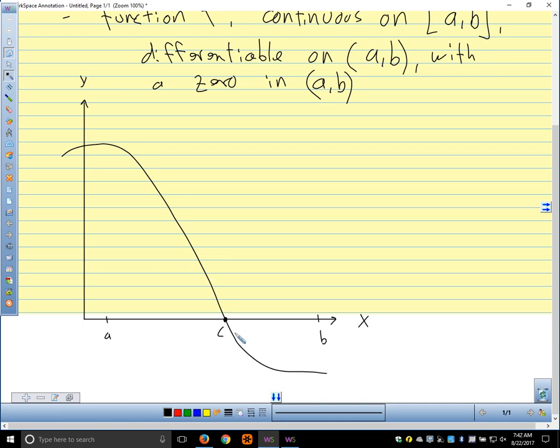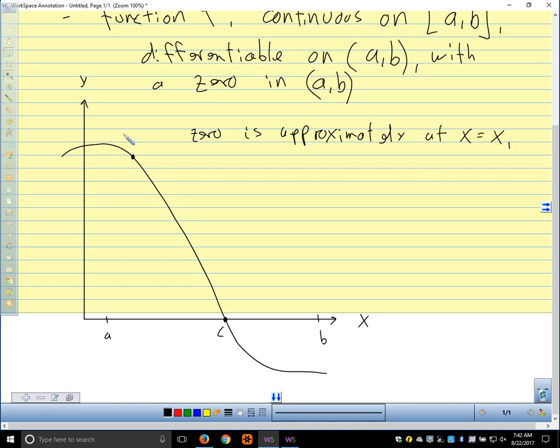Somehow we approximate it, we say the zero is approximately at x equals x1, and I'm going to put this here because it's easier to draw my picture. So the coordinate of this point is x1 comma f of x1.